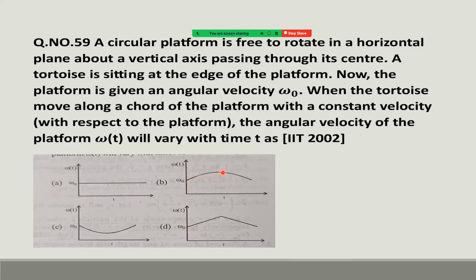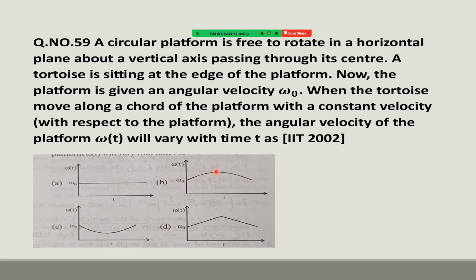omega is increasing then decreasing. So just now we have seen that the distance of the tortoise from the axis of rotation is decreasing. That means the I value is decreasing, right? I value decreasing means omega value is increasing. After reaching the midpoint of the chord, the I value becomes minimum. So omega becomes maximum.